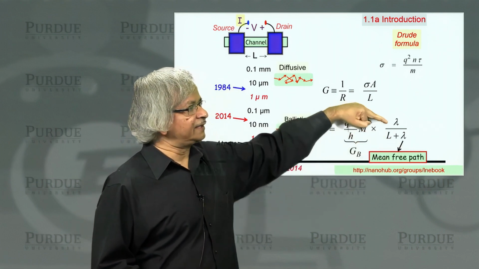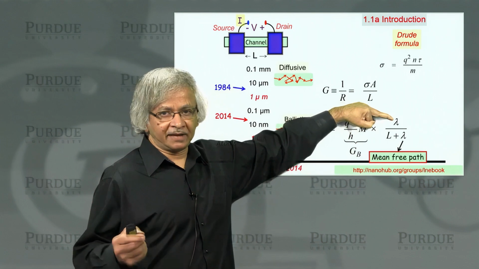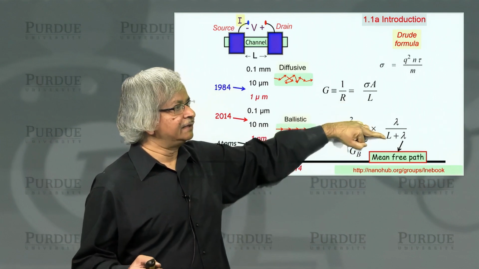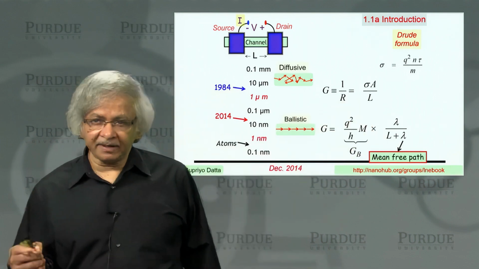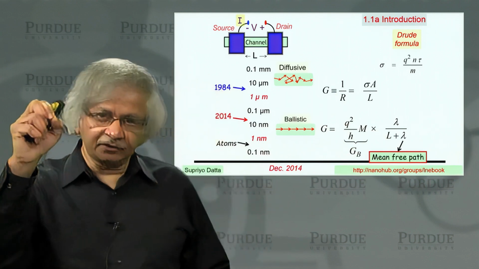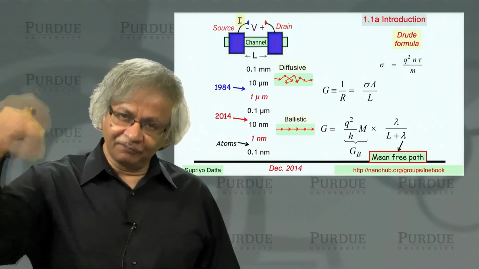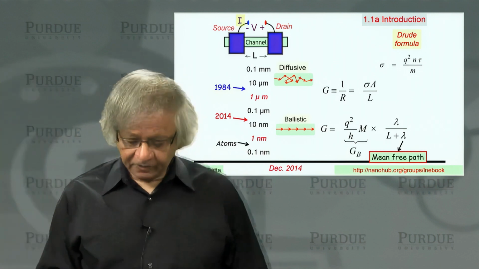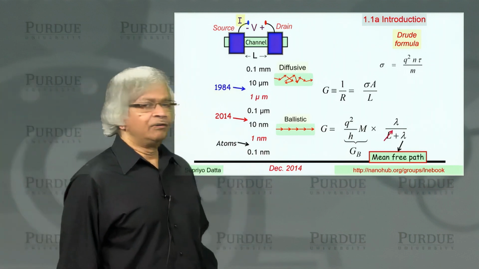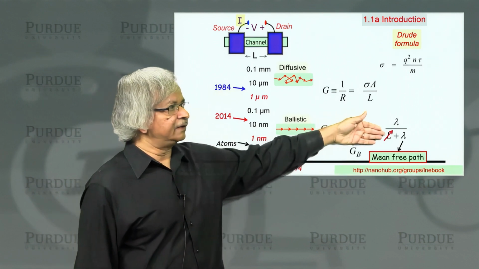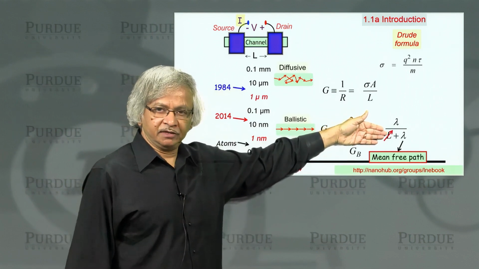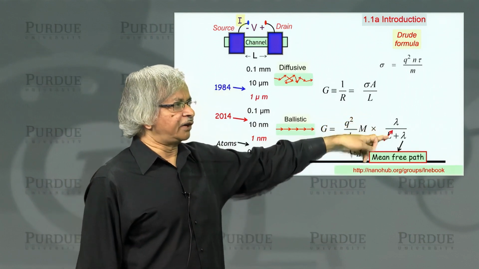This factor where the lambda is the mean free path and L is the length of the device. Mean free path means the distance that an electron travels in a mean free time before it hits something. Now, if you had a very short device, length is very small compared to a mean free path, then you can drop that.